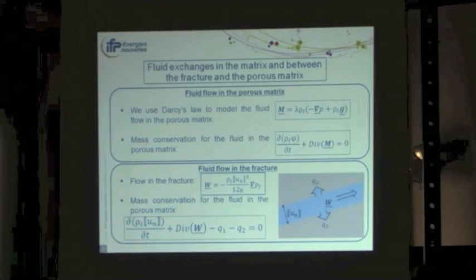As we've just seen, the fluid flow in the fracture is given by the cubic law, and the mass conservation for the fluid flow in the interface is given by this equation, where we've got these additional terms that account for the fluid exchange between the fracture and the porous matrix.